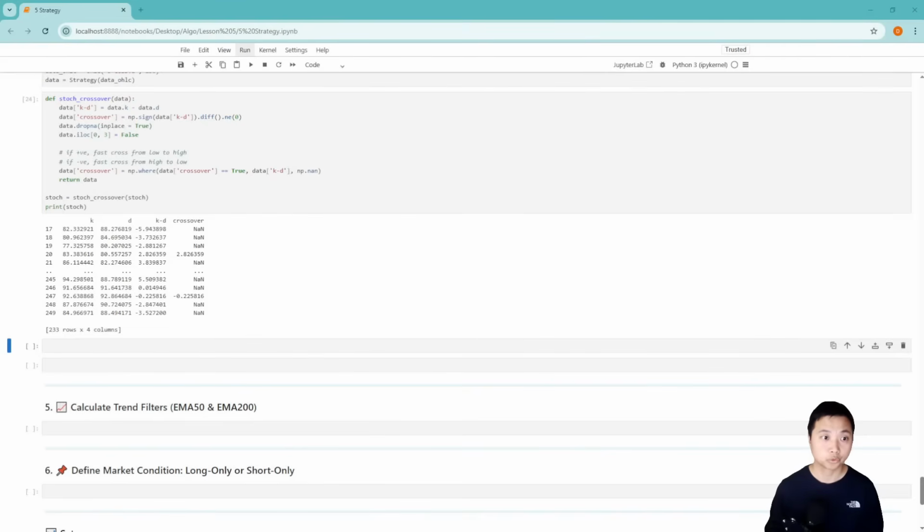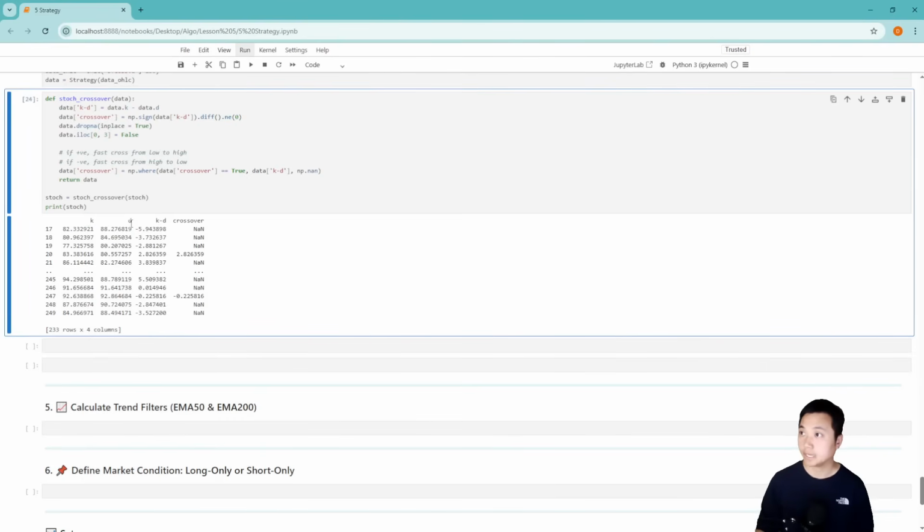Now it will print out all the %K and %D values, and also the difference, and also the crossover. And you can see for this crossover that happens, we will store the differences back into the crossover column, which will let us understand whether or not there's a bullish or bearish signal.